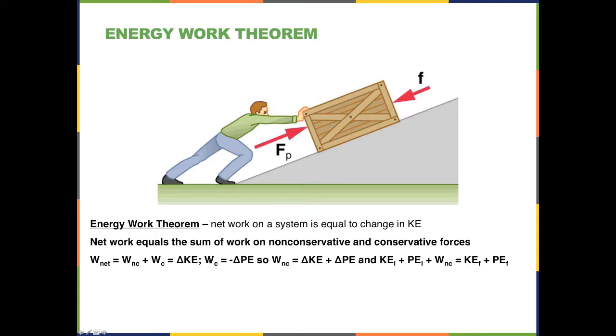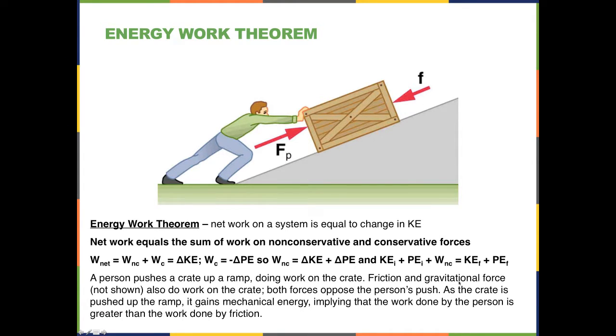So the work done by conservative forces is the change in potential energy here. So the work by non-conservative forces is equal to the change in kinetic energy plus the change in potential energy, or the initial kinetic and potential energy plus this non-conservative force factor has to equal the final potential energy and the final kinetic energy.